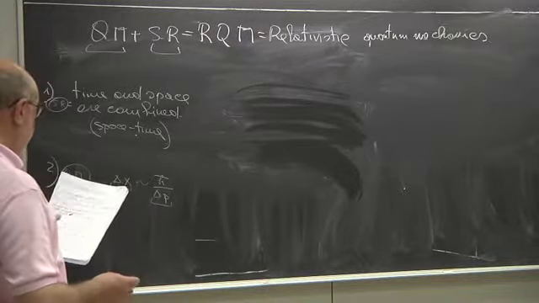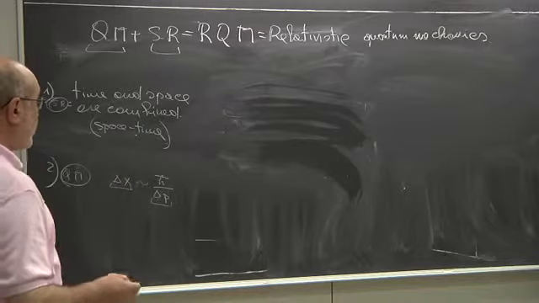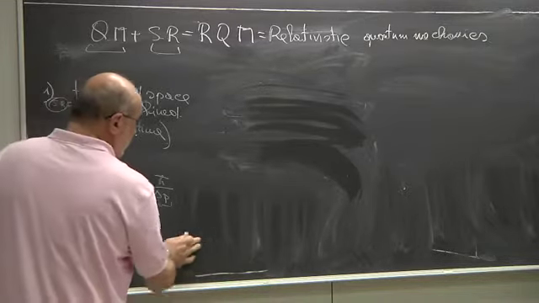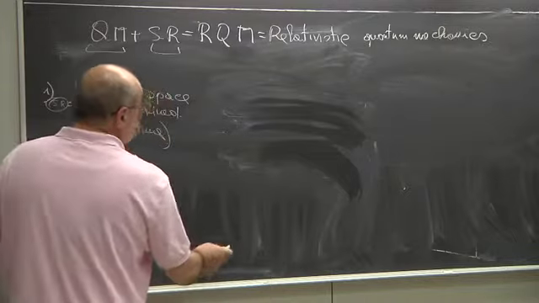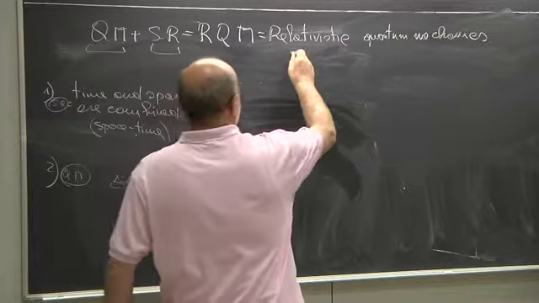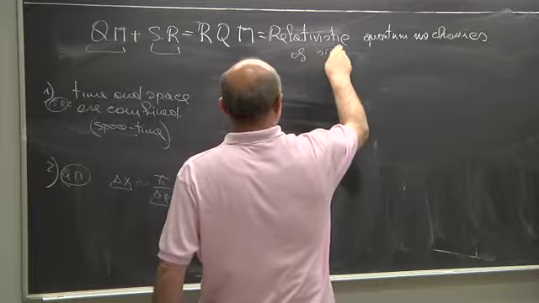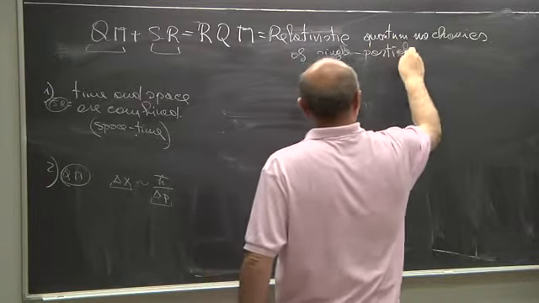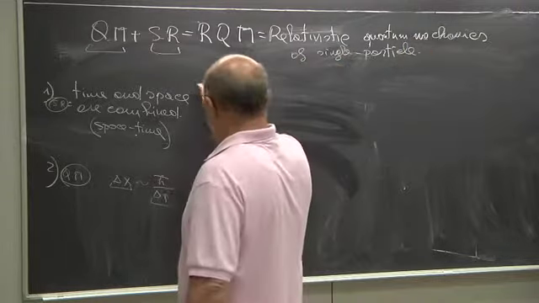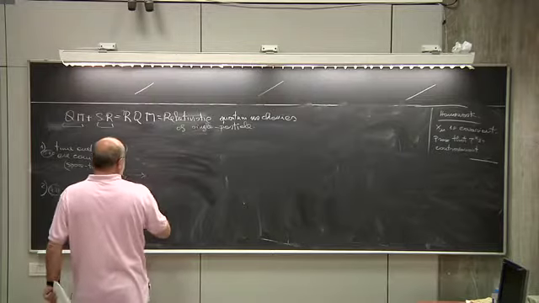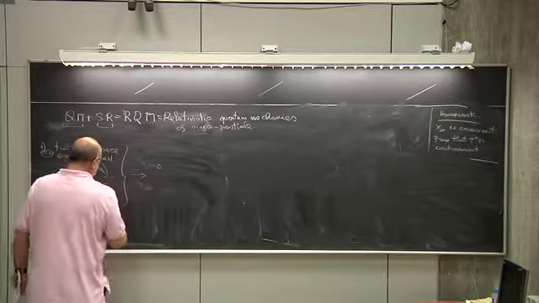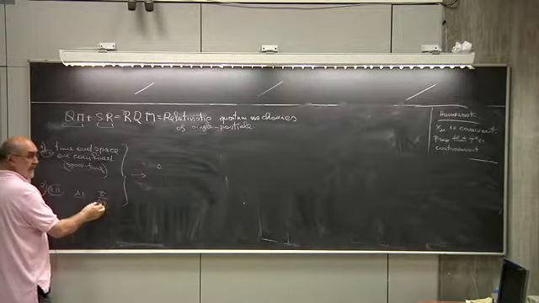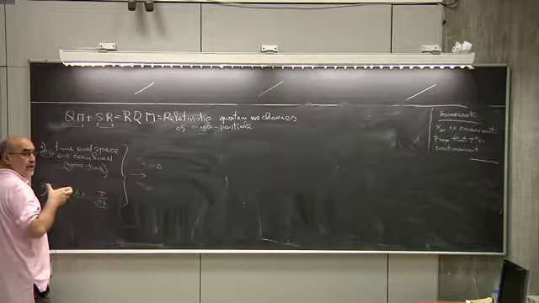Now, we would like to describe relativistic quantum mechanics of a single particle. Out of these two, I will derive that, in non-relativistic classical mechanics, you can have delta p as you like.